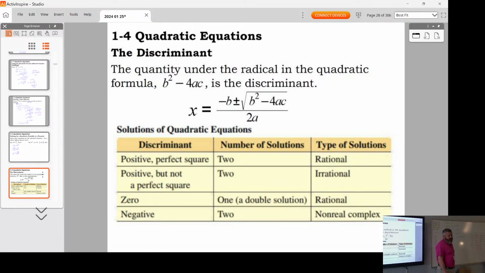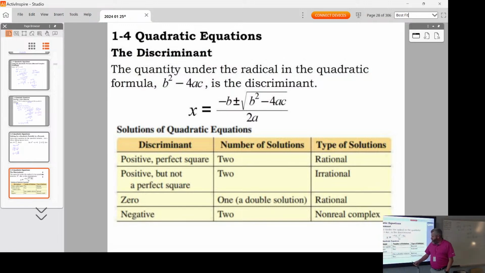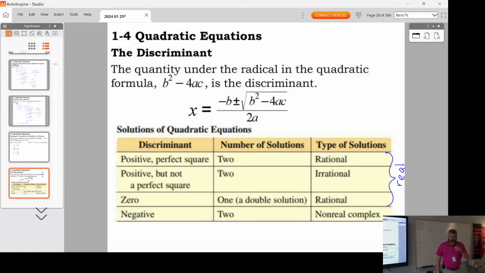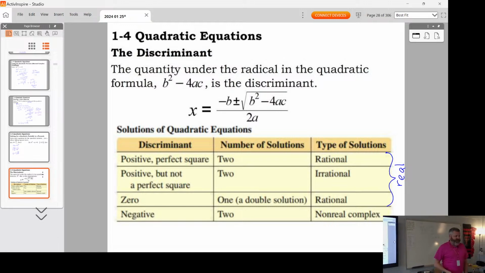If the discriminant is positive but not a perfect square, we will have two irrational solutions. If the discriminant is positive, it's also a real answer. If the discriminant is 0, we will have one real rational root, but it's going to be a double root.